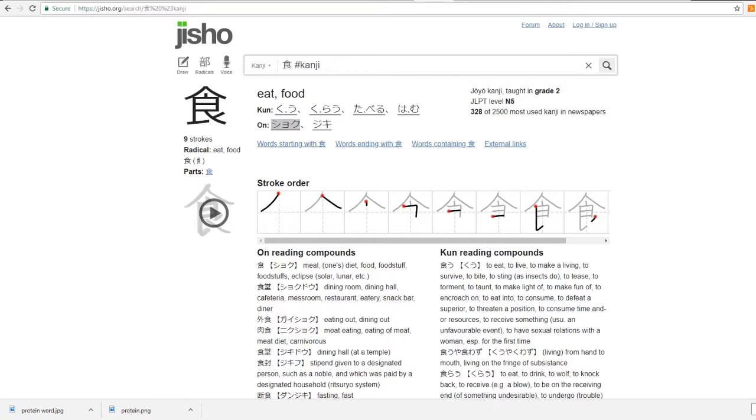So it's got quite a few here. Taberu is going to be something you're going to hear quite a bit. And I might be able to look up the story real quick. Let's see if I can. I'm going to look up on Anki.